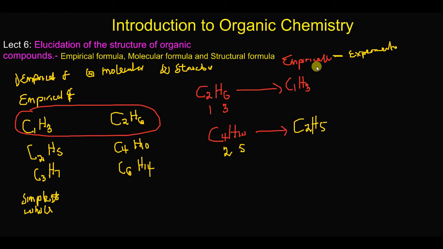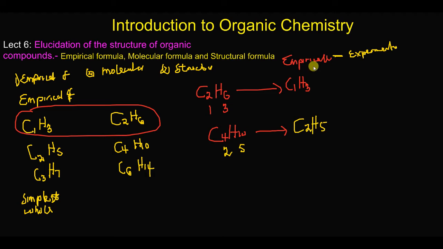Normally when we are in the lab and we are running the experiment, we don't really get this type of compound. We get the simplest whole number ratio of the compound. So whatever we get from the experiment are usually simplified. We don't really get the actual. We get normally the simplified, and then out of our own deduction and mathematics we will get the actual.